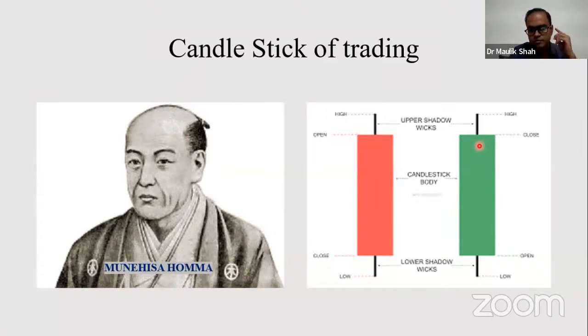Similarly in a bullish candle, the open price is low. Below that, during the entire day's trading, wherever the price goes below is recorded as a low. When it goes very high, it is recorded as a high. And the close price comes somewhere below that high.